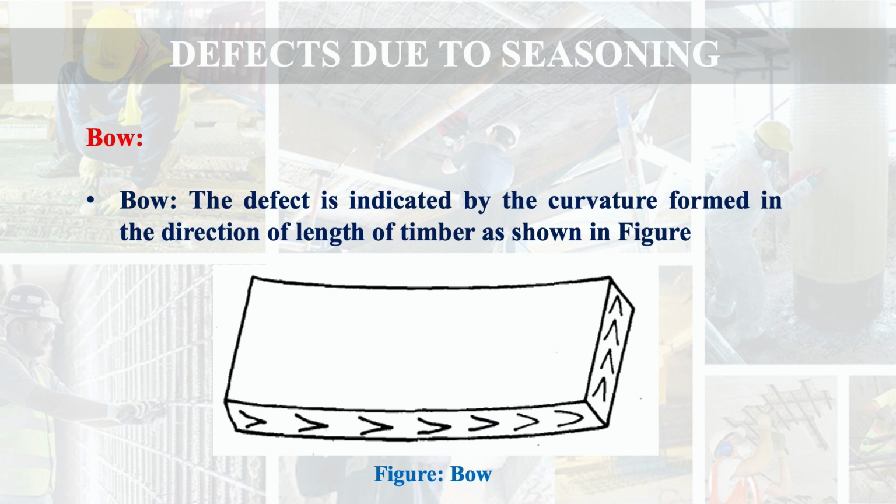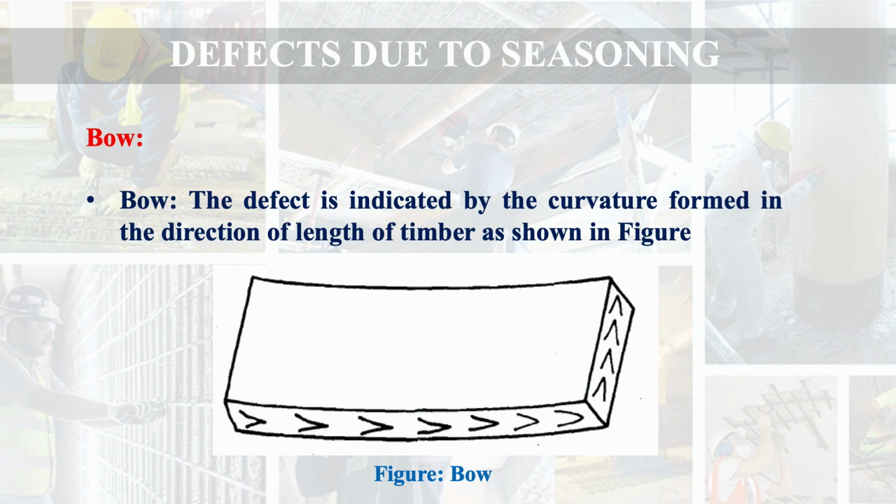So this defect is indicated by the curvature formed in the direction of length of the timber, that you can see in this figure, that along the longitudinal axis of the member there is a curvature. So that is called as the bow.